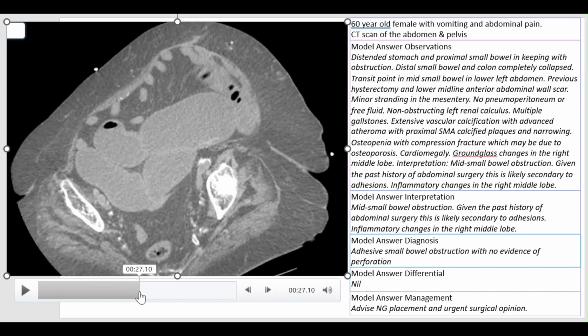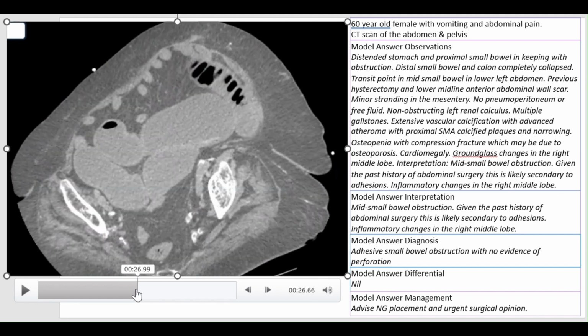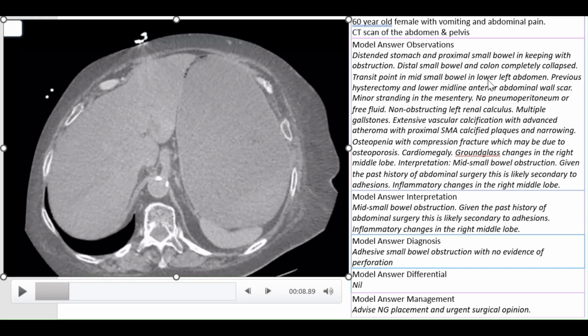Can you see the minor stranding? There's also extensive vascular calcification with advanced atheroma. Can you see the advanced atheroma here? This is the first branch of the abdominal aorta.